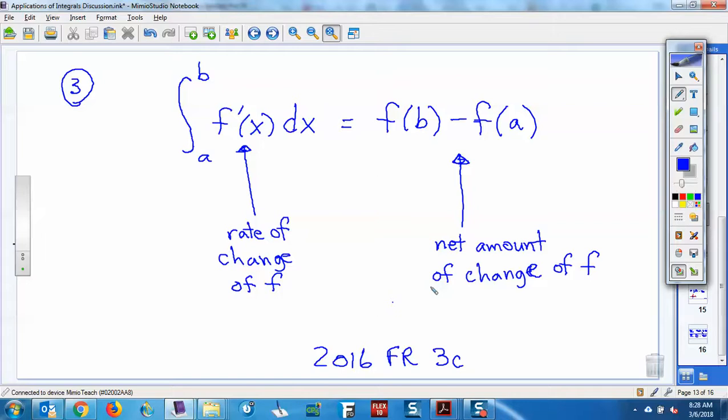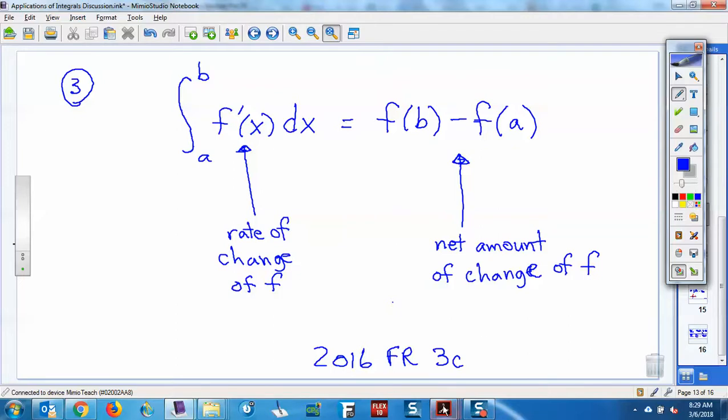If you take your ending minus your beginning, that's your displacement. That's net amount of change. So the integral of a rate of change is going to give you the net amount of change. Think about it. It's your ending minus your beginning. I had this at the beginning, I had this at the end. You subtract those. That's the net change.